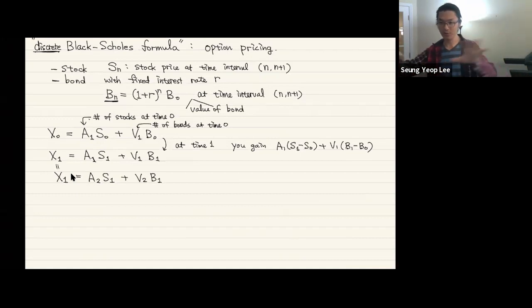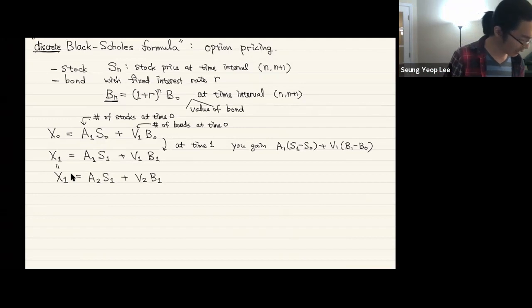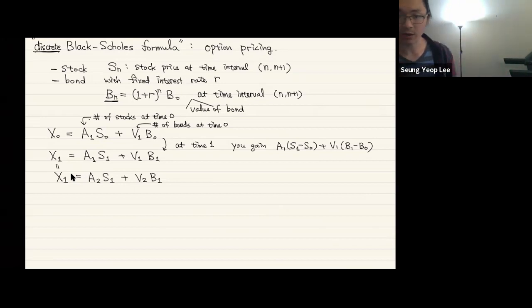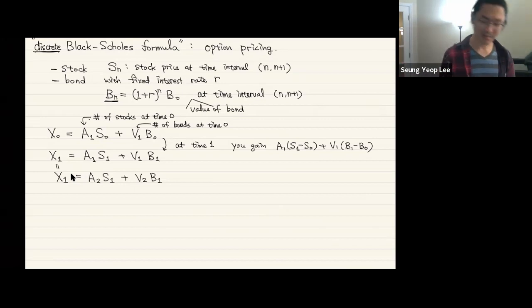So you redistribute, and this strategy, how much you buy of which one, the strategy A and B, is called a portfolio.